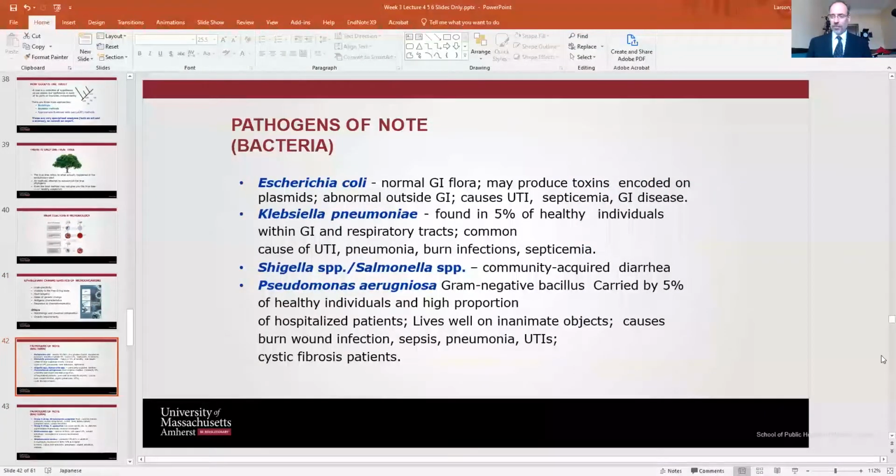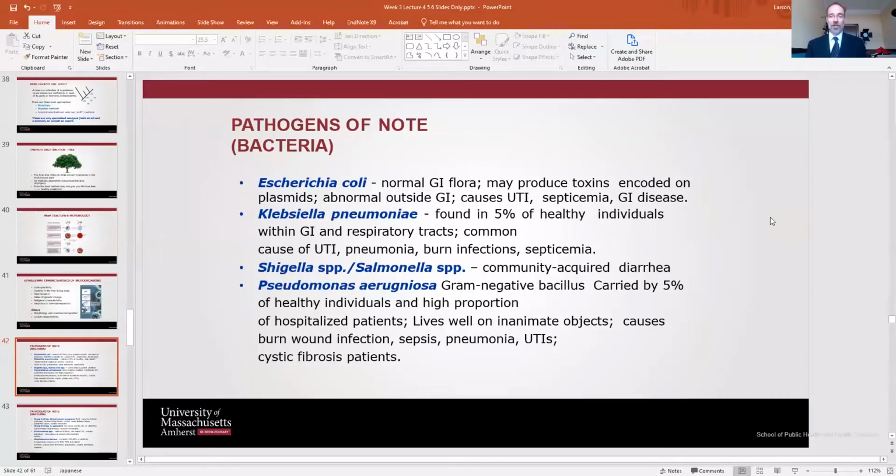Pathogens of note: E. coli, normal GI flora, may produce toxins encoded on plasmids. Abnormal outside the GI, it causes UTI, septicemia, GI disease. Klebsiella pneumoniae, found in 5% of healthy individuals within GI and respiratory tracts. It's an extremely common cause of UTIs, pneumonia, burn infections, septicemia.